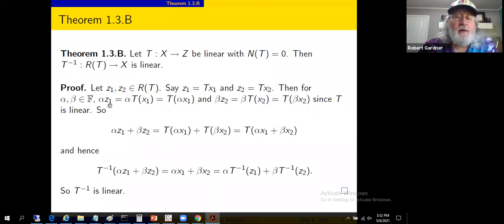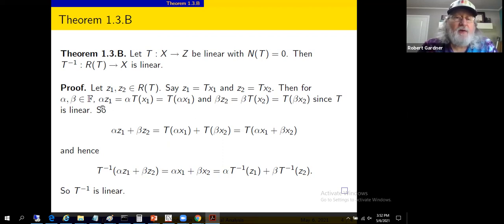Alpha Z1 then is alpha times T of X1 because Z1 equals T of X1. I can take that alpha and put it inside that transformation because it's a linear transformation. Similarly, beta Z2, beta being the scalar we introduced, Z2 equals T of X2. So I can make that substitution. T is still linear. I can put the beta inside, part of the definition of linear.